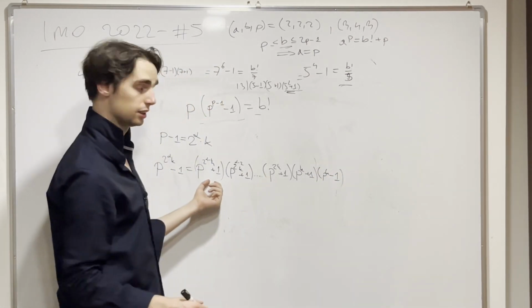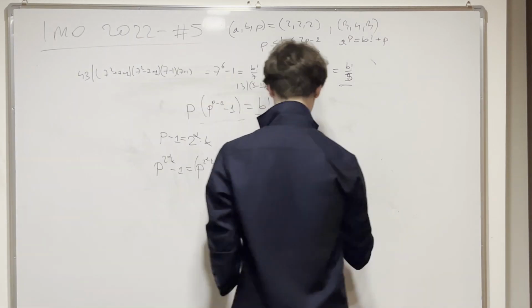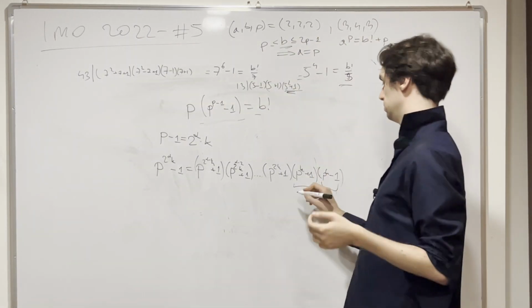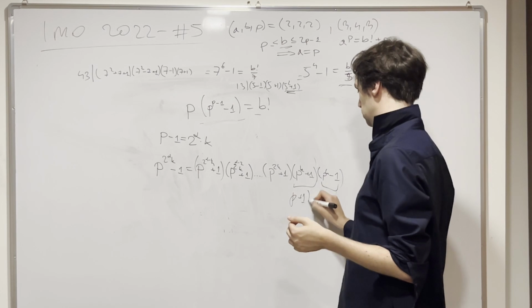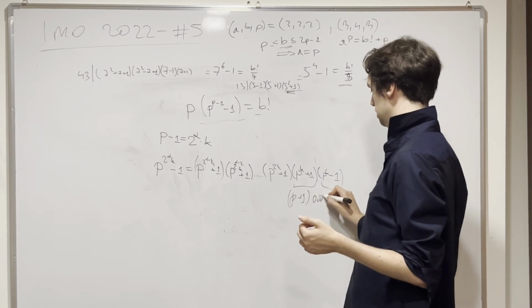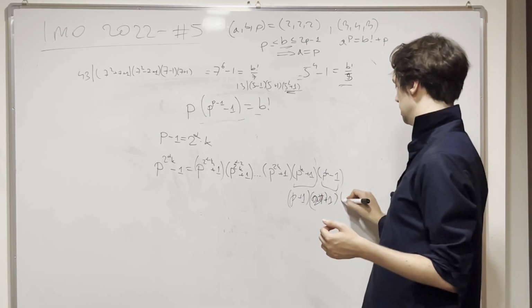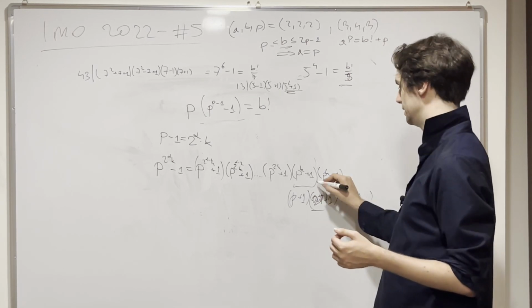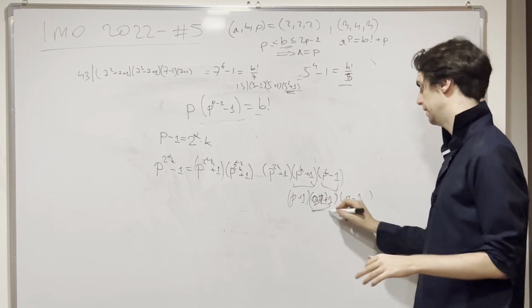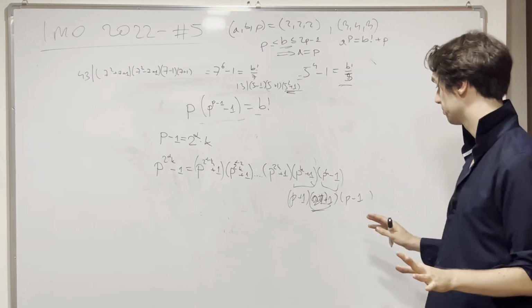Now all of these have 1, 2 in it, and then these two are p plus 1 times something odd times some 2t plus 1 times p minus 1. So when I multiply these, the other two parts are odd, they have 0 2's.